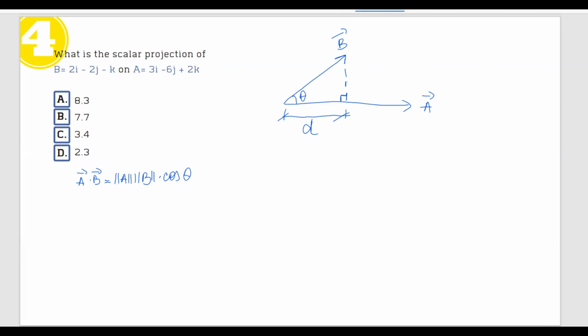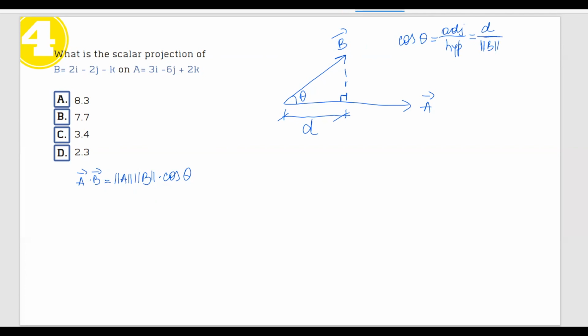Now let's see here, if we apply SOHCAHTOA, because we have a right triangle, cosine of theta is going to be equal to adjacent over the hypotenuse. So cosine of theta equals D over magnitude of B, the distance, right?